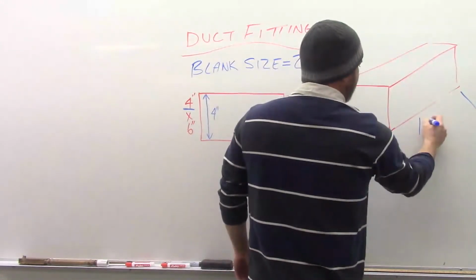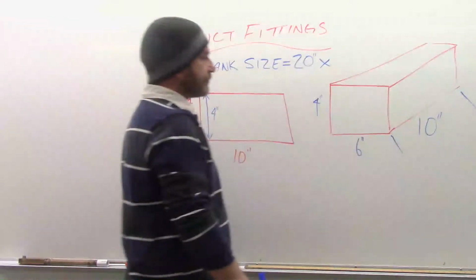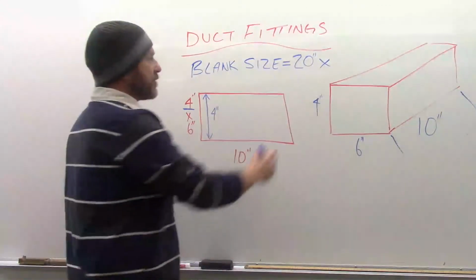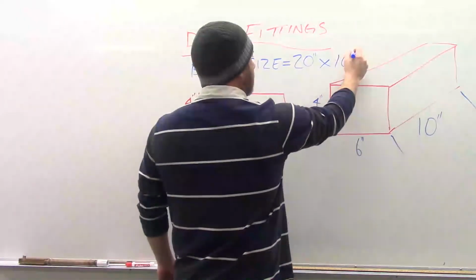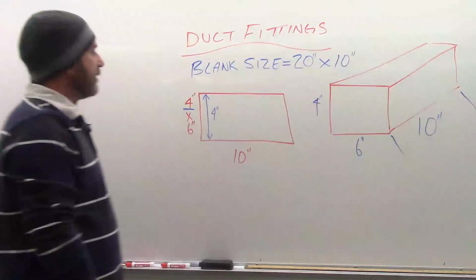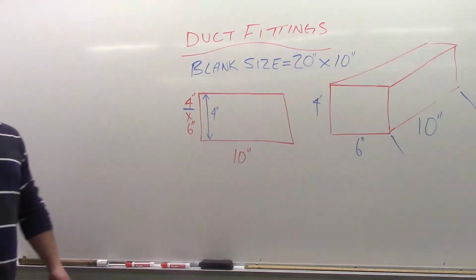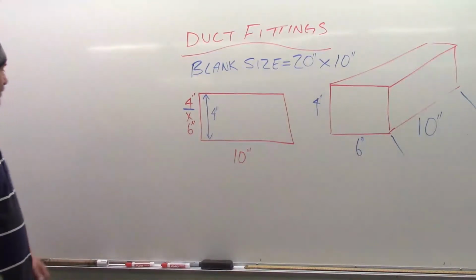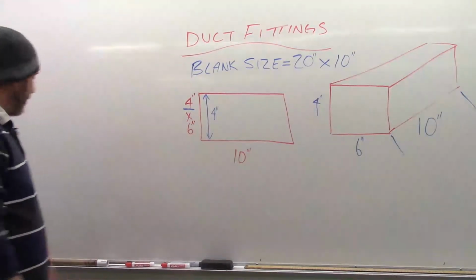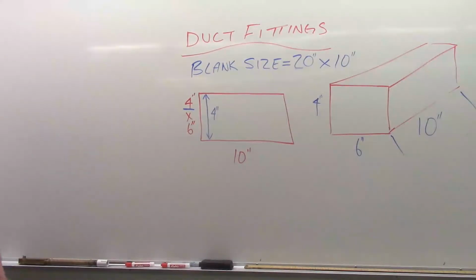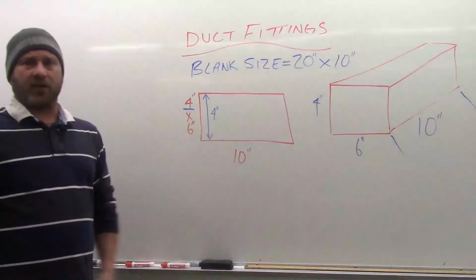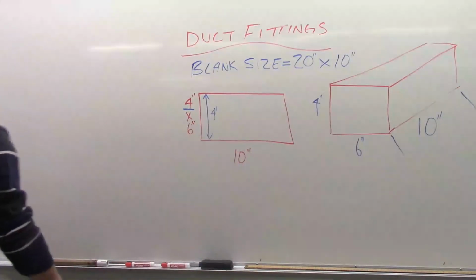And we got our 10 here. So that just is what it is. We're not using seams or anything. 10 inches. So there we go. We get a blank size, fairly straightforward off this one. Okay? So let's go ahead and draw our blank out, and we'll do our layout from there. It's really straightforward on this one, so not much to see, but we'll draw it out.